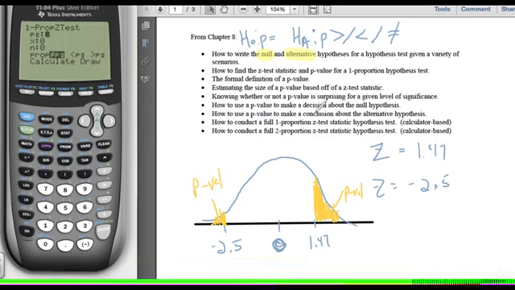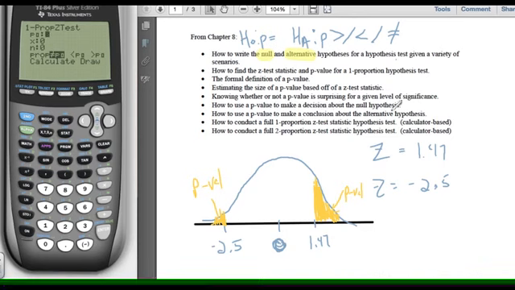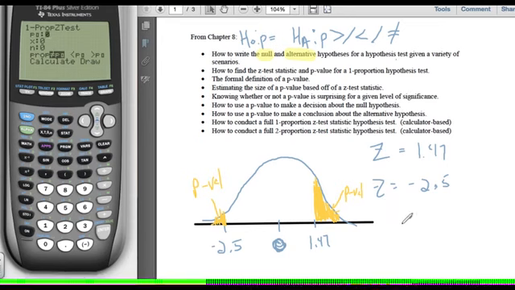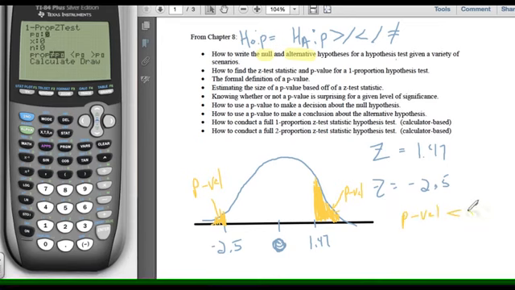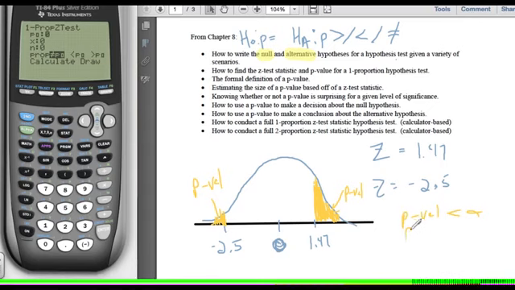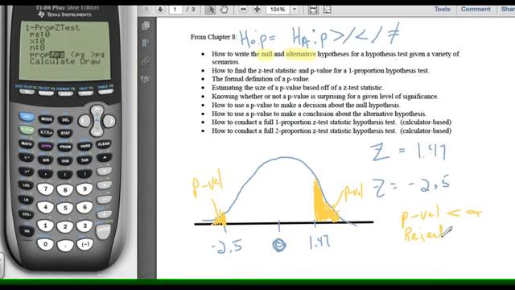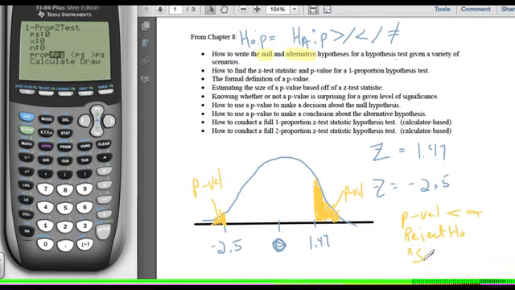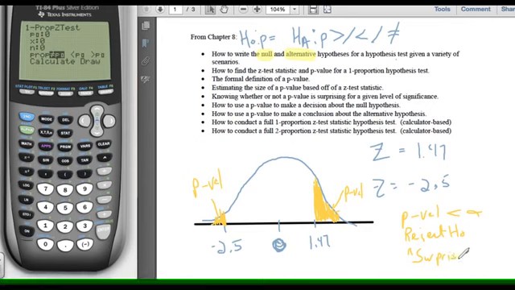Now, to know whether or not a p-value is surprising, you want to compare it to your level of significance. If your p-value is less than alpha, you reject H0, your baseline from old data. And this is surprising.